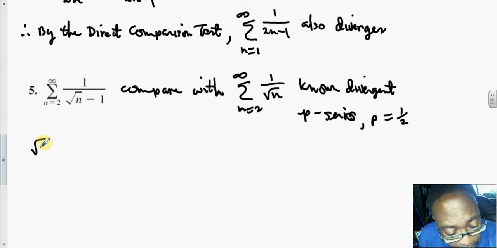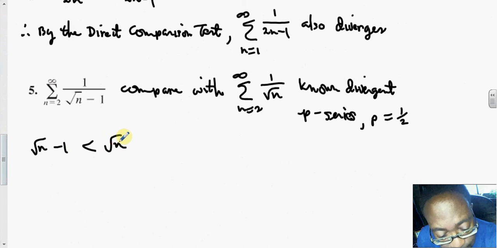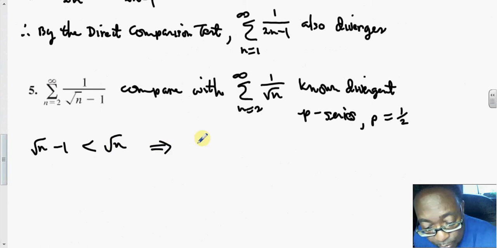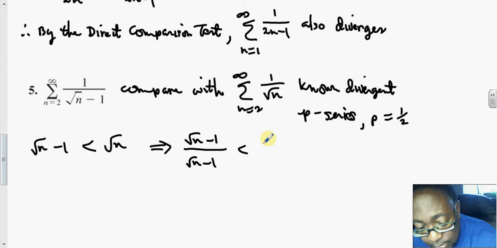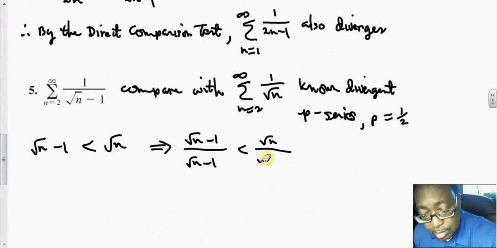So notice that the square root of n minus 1 is less than the square root of n. Now, how am I getting the next inequality? Here what we're doing is dividing both sides by both terms. So we divide the square root of n minus 1 over the square root of n minus 1. This is less than the square root of n all over the square root of n minus 1.